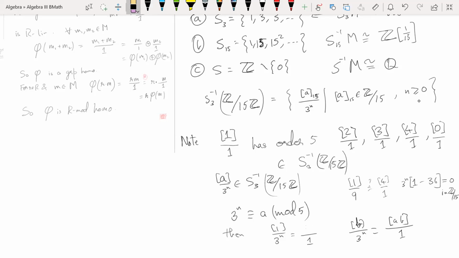If 3 power n is A mod 5, then you just take its inverse in Z mod 5. Is there a formula for that? There is no formula for that, but it should be A inverse in Z mod 5.